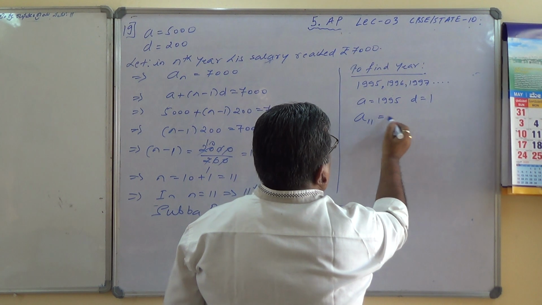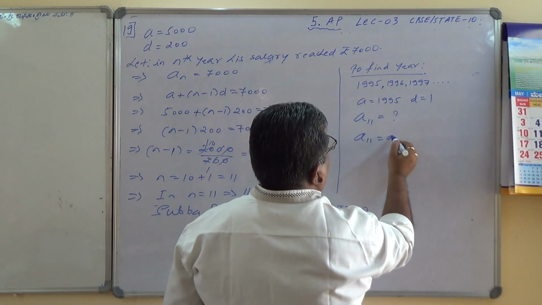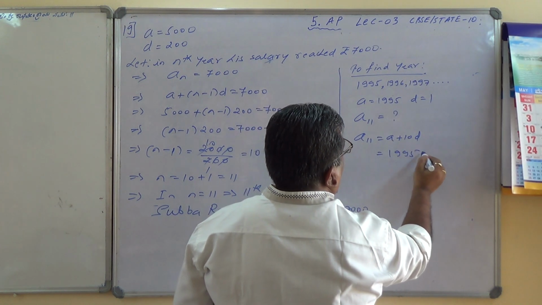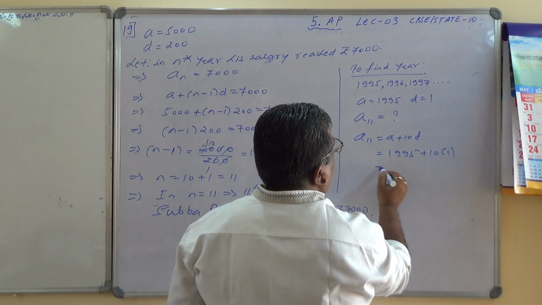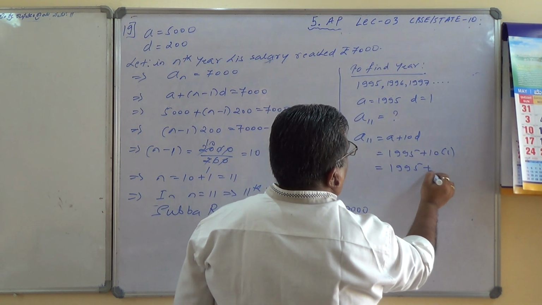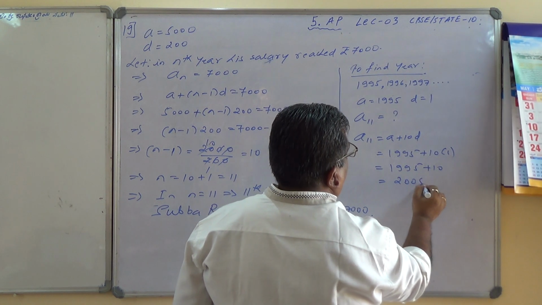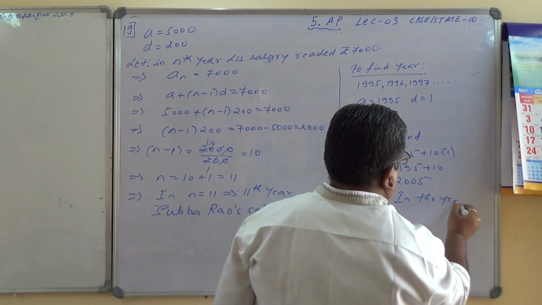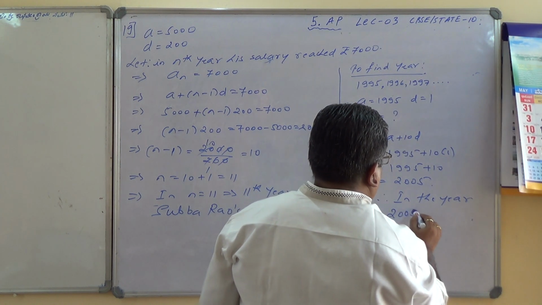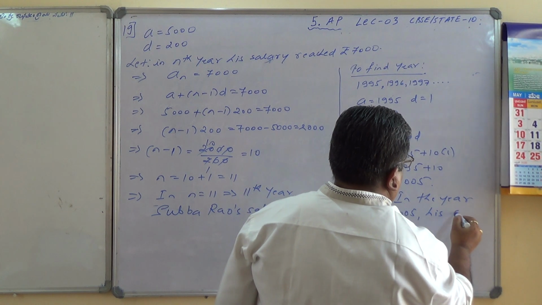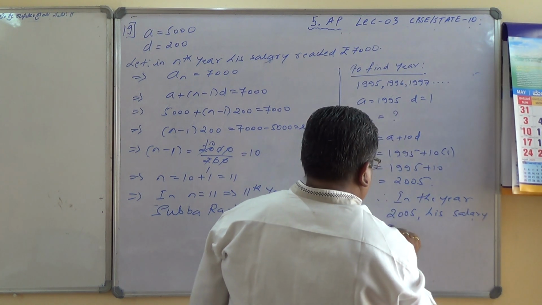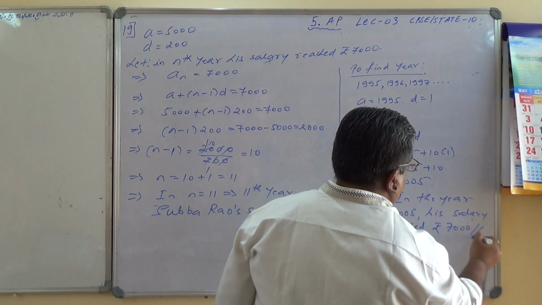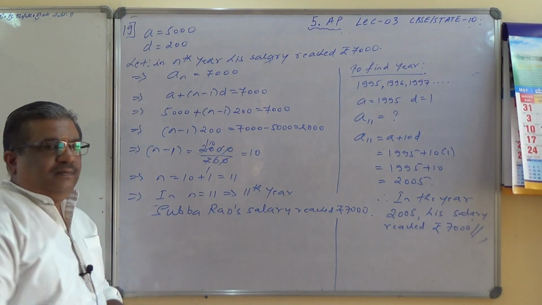A11 equals A plus 10D. A is 1995 plus 10 into 1, which is 1995 plus 10, which is 2005. And therefore in the year 2005 his salary reached rupees 7,000. Jot it down.